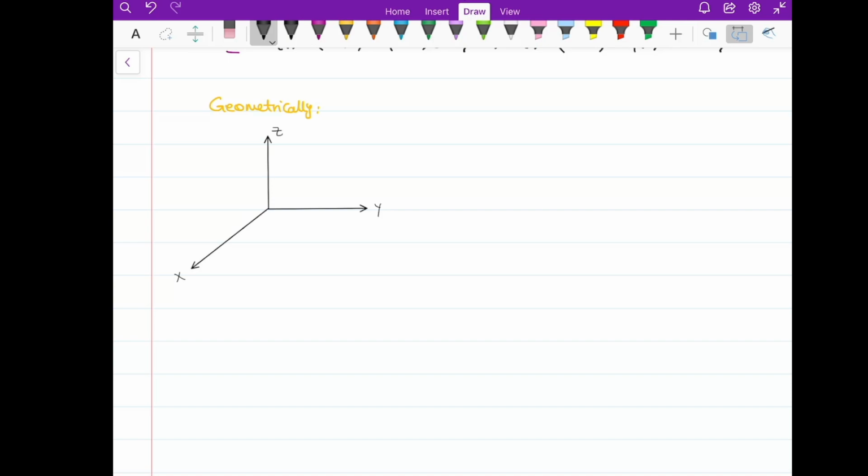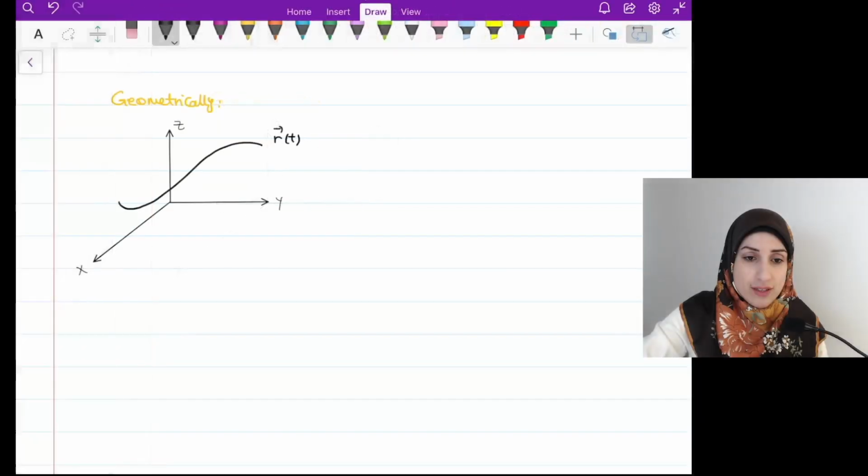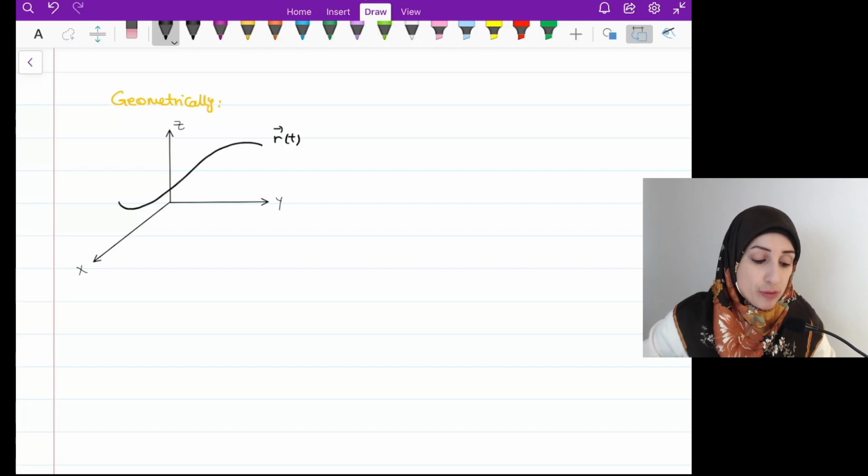And then we have this curve as r of t. As we discussed in the previous video, when we have a vector function with just one parameter, it parameterizes a curve. So we have just a curve in space, and then I'm going to define what the definition of the derivative is geometrically.